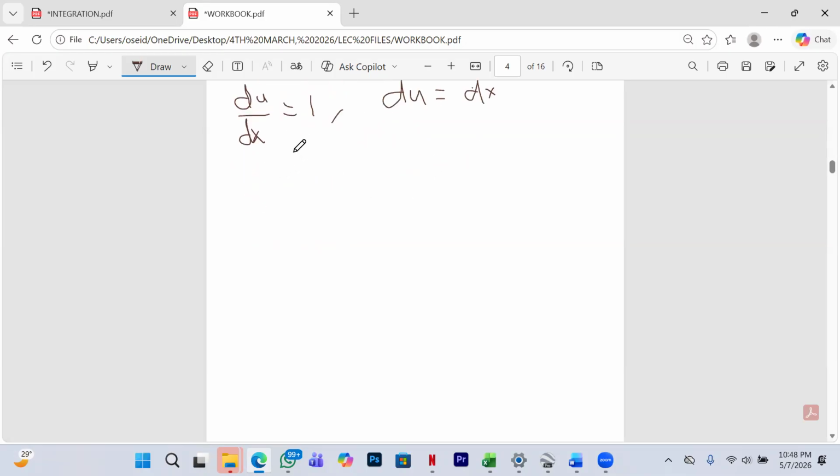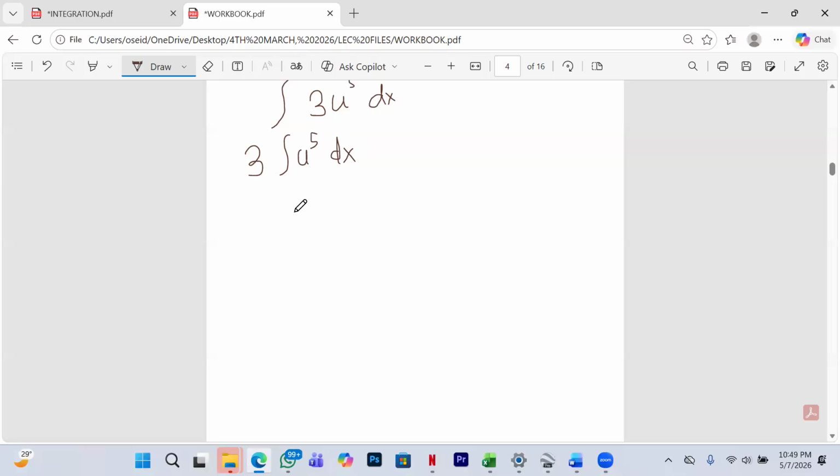So you see, the integral of 3u exponent 5 dx will give us 3 times the integral of u exponent 5 dx.